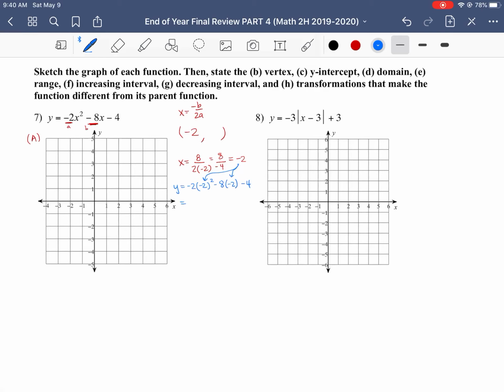And then if we simplify that, we've got negative 2 squared is 4 times negative 2. We've got negative 8 here. A negative 8 times negative 2 is a positive 16, and then negative 4 on the end. And then if we combine all of that together, we end up with a positive 4.